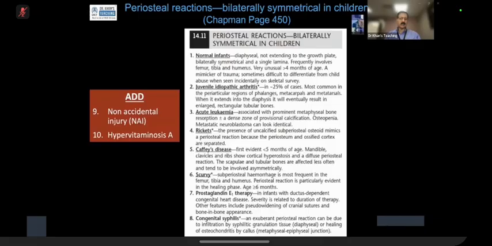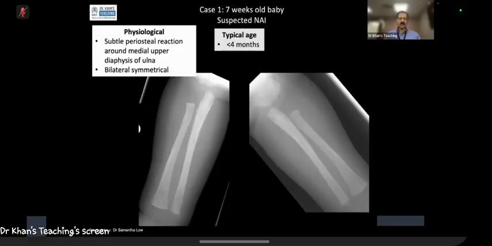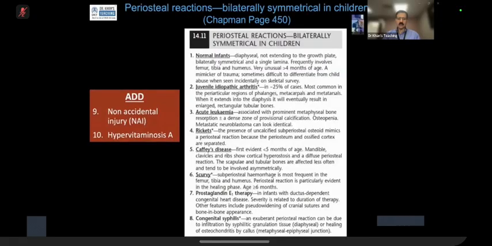Age is critical. In this differential diagnosis, two things which I want you to add include non-accidental injury and hypervitaminosis A. I will quickly show you the salient features of all of this, and then we will have a discussion on the case. So please remember this differential diagnosis, number one.